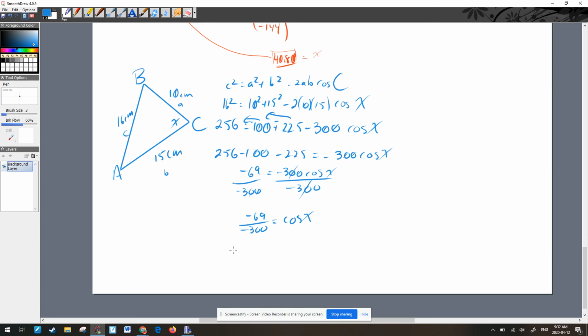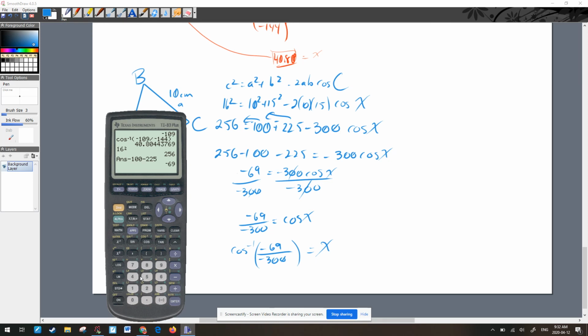I'm going to cos inverse both sides. So we're going to have that the cos inverse of negative 69 over negative 300 is equal to x. And so I'm going to type that in my calculator. So we're going to have second function cos inverse of negative 69 divided by negative 300.